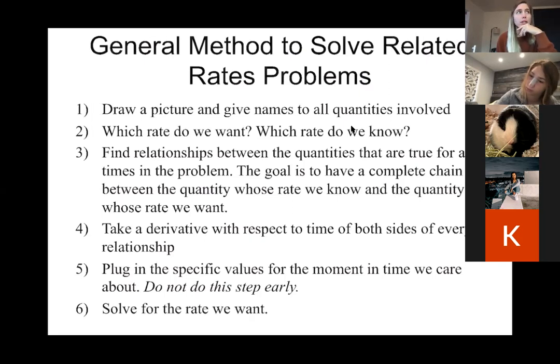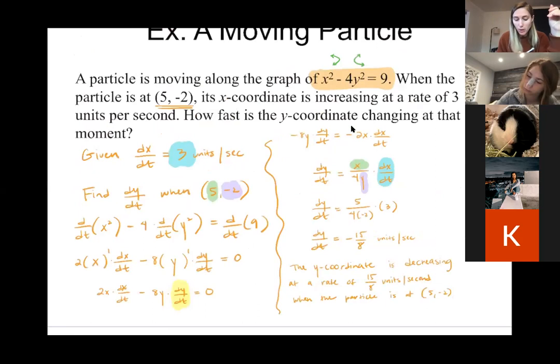Oftentimes I will give you a picture, but you might need to label it. Then you want to think, which rate do we want and which rate do we know? Like in this example up here, where I stated what rate I was given, and then stated the rate that we were trying to find.